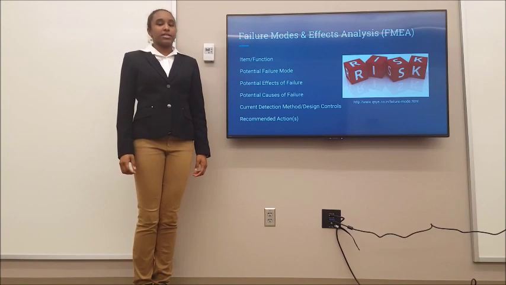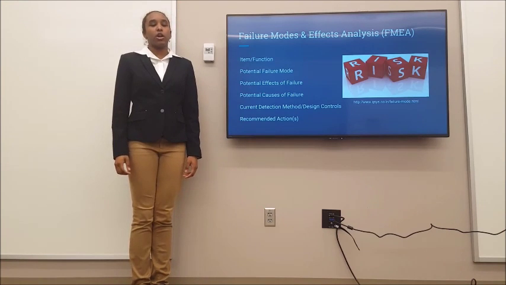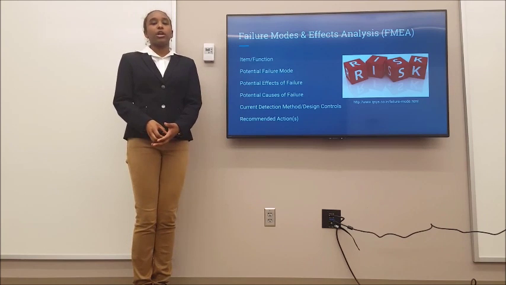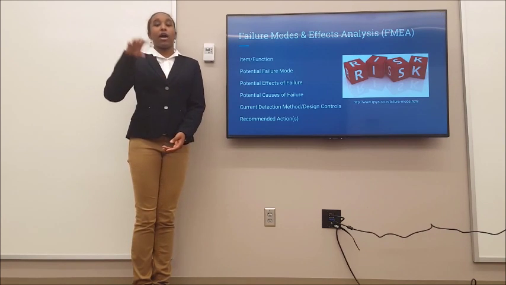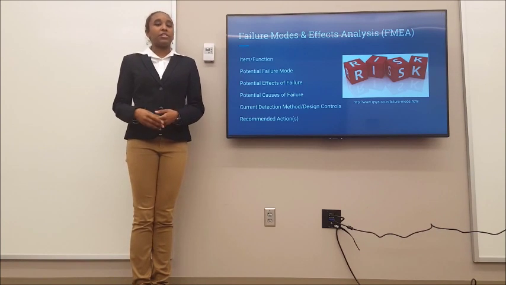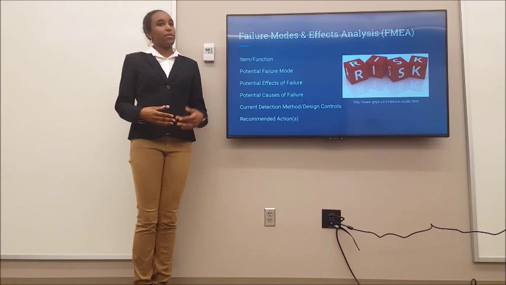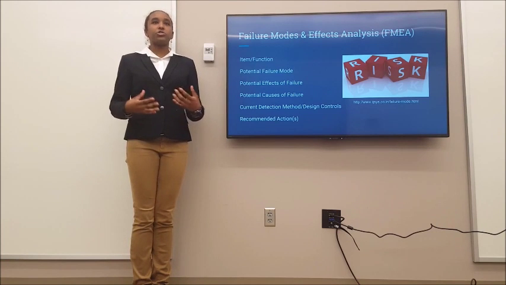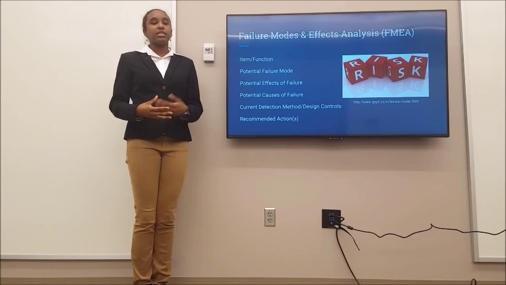For our failure modes and effects analysis, the example that we chose within our concept B is our twisting tower, which involves a motor, which gives our ping pong ball the height of 2 feet. So our potential failure mode for that would be a short in a wire. Our potential effect of the failure would be that the motor does not work because of that short in the wire. And our potential cause of the failure could be that the wire is bent.